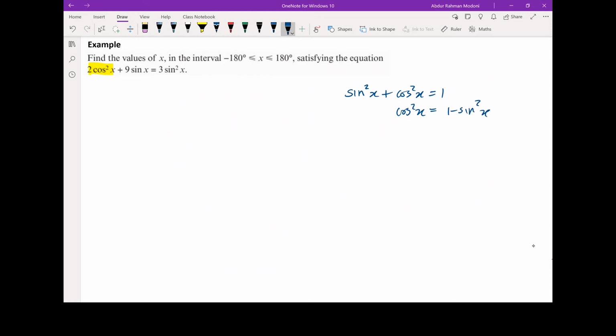So I'm going to go and substitute this instead of cos squared. So I start by writing 2, and then cos squared x is going to be substituted with 1 minus sine squared x, plus my 9 sine x, which is equal to 3 sine squared x is my equation.